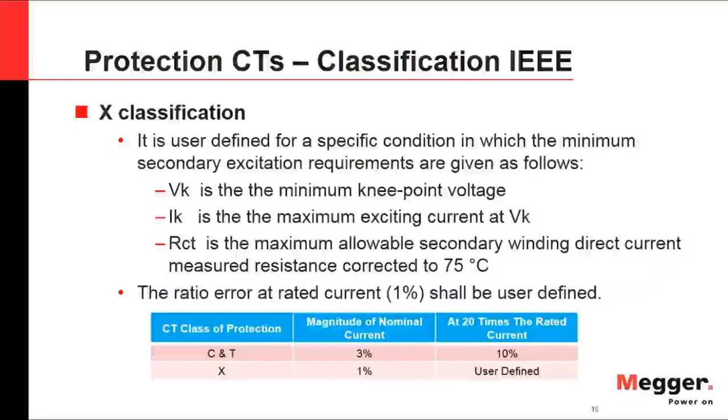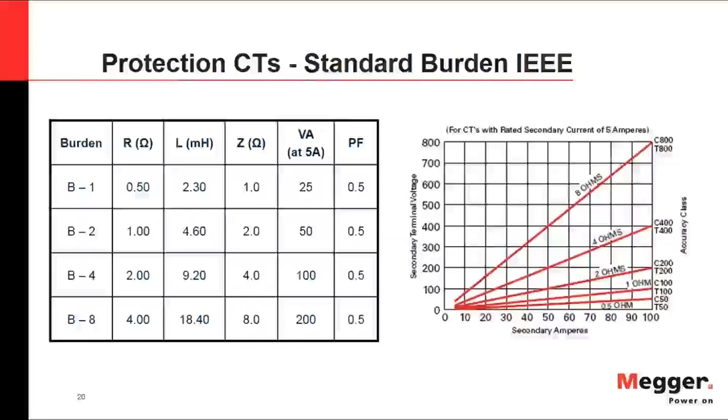When we're talking about protection CTs, the standard burdens according to IEEE will be 1 ohm, 2 ohms, 4 ohms, and 8 ohms. If we go back to the definition and we define that the protection CT should be able to handle from 1 to 20 times the secondary current or the primary current according to the rated value, you can clearly see here that if we are talking about a secondary current of 5 amps, we can easily define the effect of the burden on the classification.